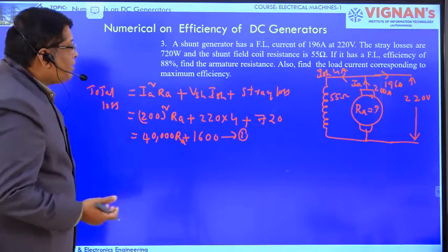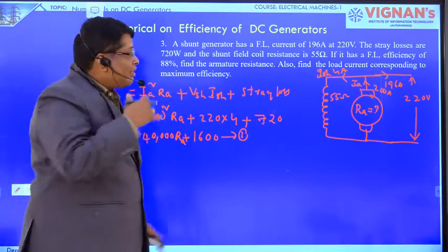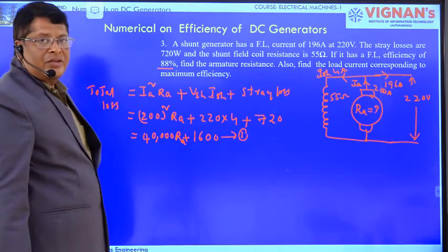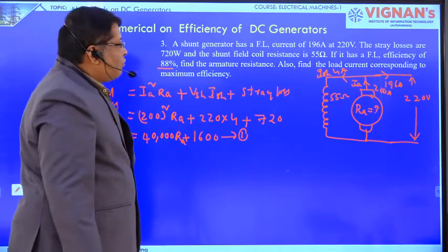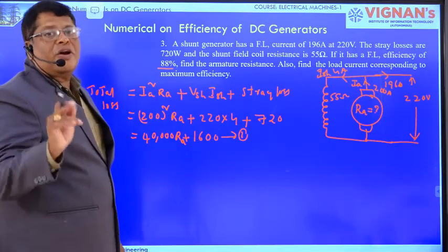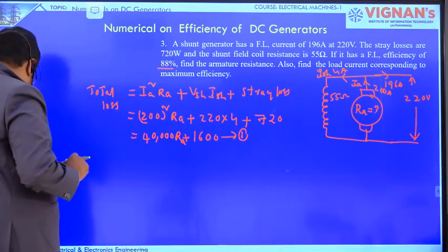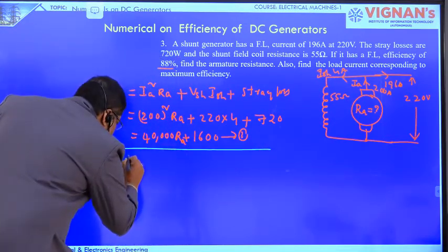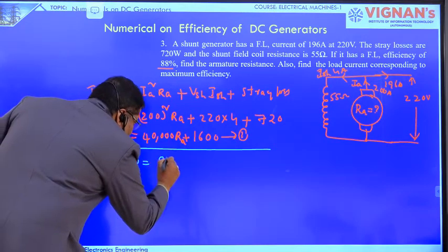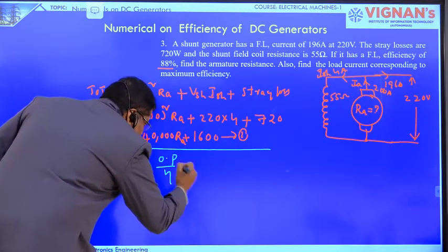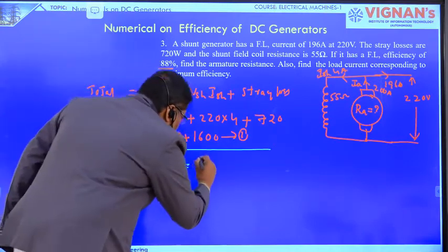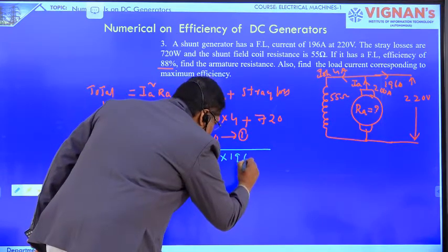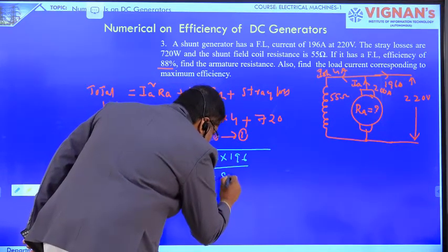You can also find the total losses from other data also given. The efficiency of the generator is given. Input of a generator equals output power divided by the efficiency of the generator. The output power is 220 into 196 divided by 0.88.